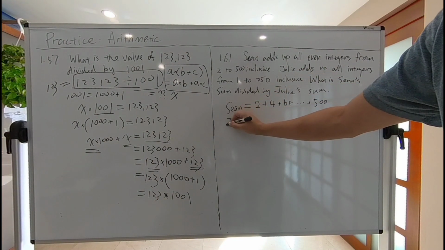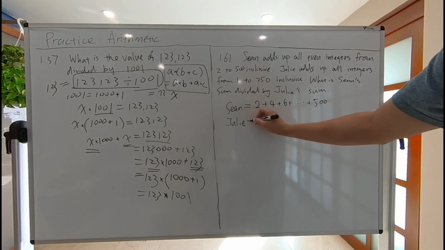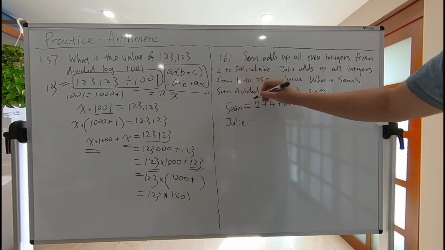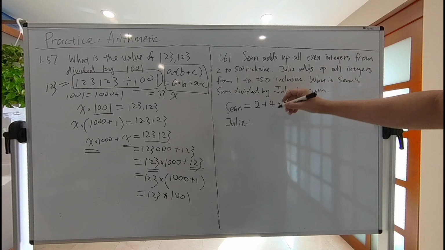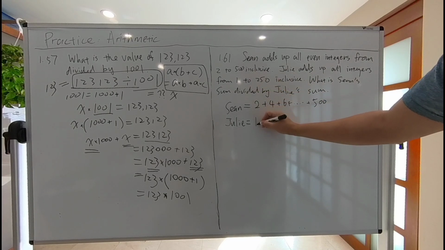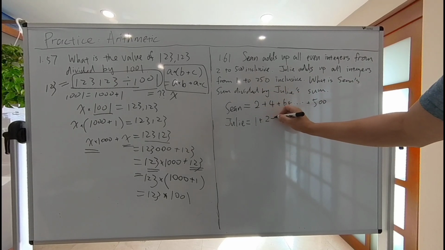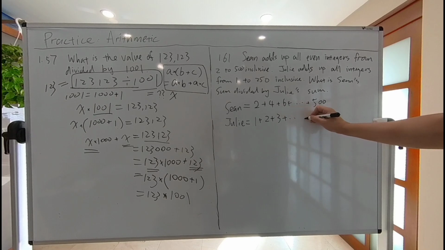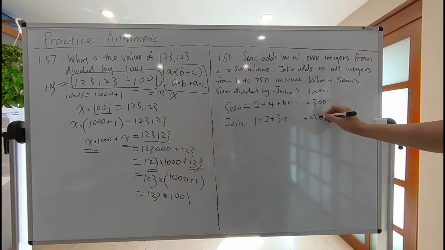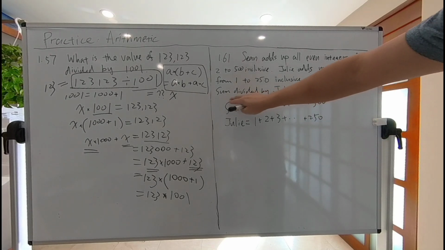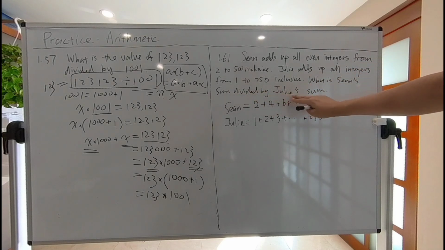And Julie is adding up all the integers from 1 to 250 inclusive, so it also includes number 1 and number 250: 1 plus 2 plus 3 plus up to 250. Now, what is Sean's sum divided by Julie's sum?